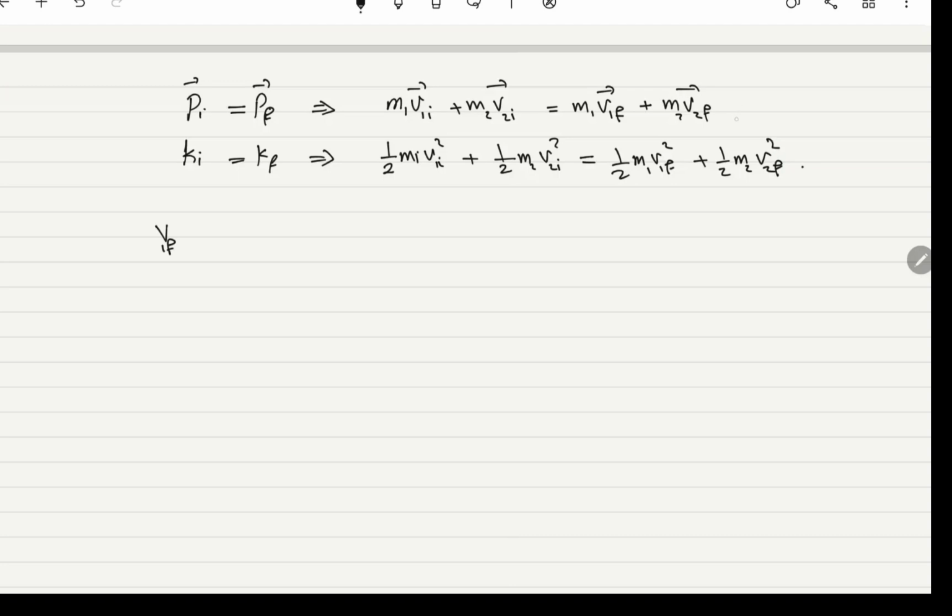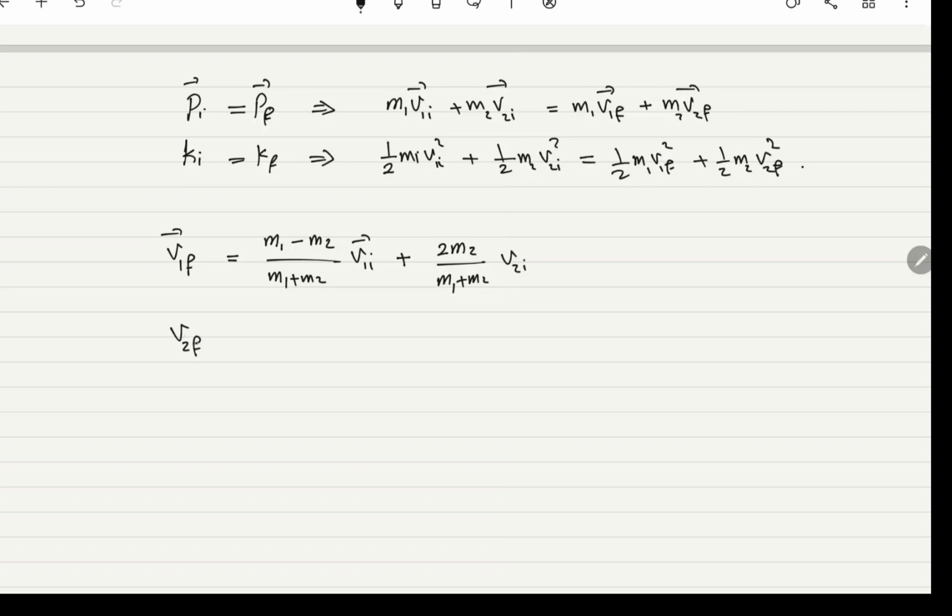We can simplify these two equations and write them in an easy form. So v1 final equals (m1 minus m2) over (m1 plus m2) times v1 initial, plus 2m2 over (m1 plus m2) times v2 initial.